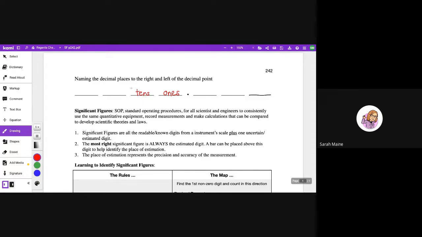Moving up or moving back one more position to the left, it represents the position value of the hundreds. So the hundreds, 100, 200, 300, and one more, we'll work with one more to the left, would be the thousands.